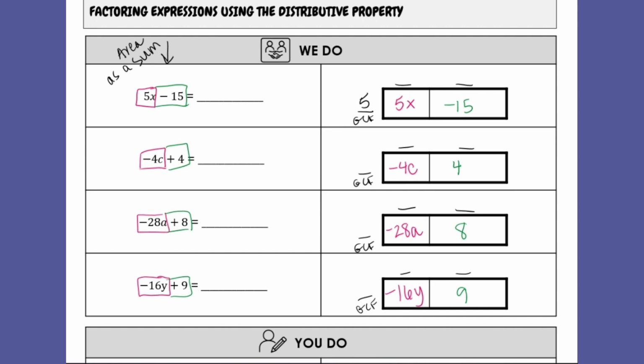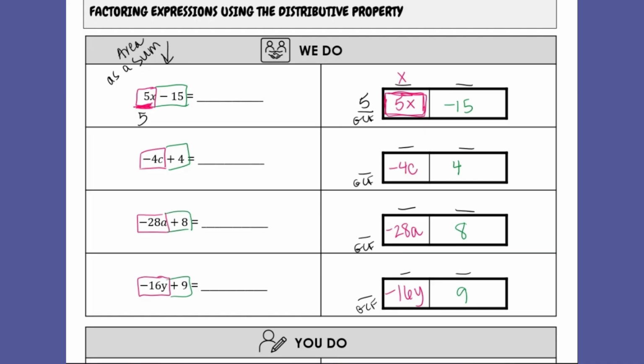The area of this rectangle is 5x, so I'm thinking 5 times what gives me 5x? That would be x. You can also think about it as dividing this first term by the GCF. So 5x divided by 5 would also give me x.